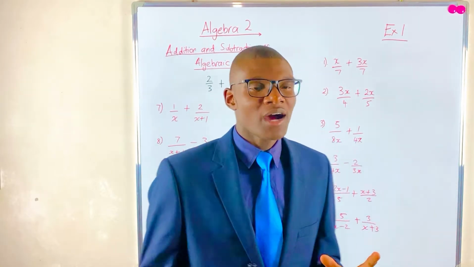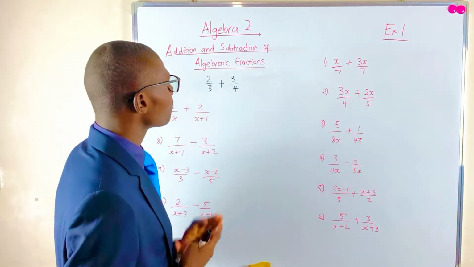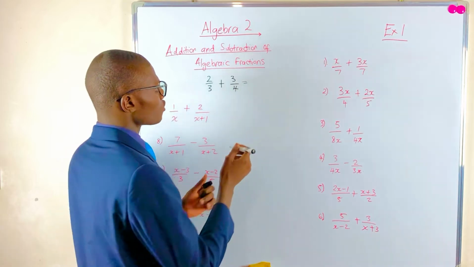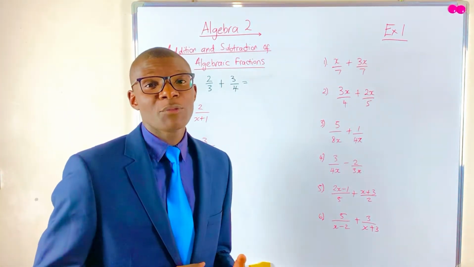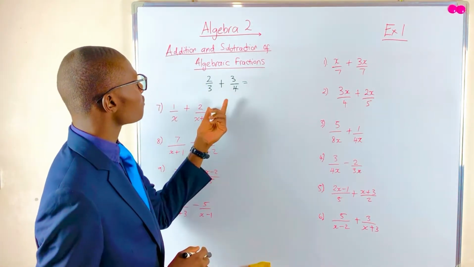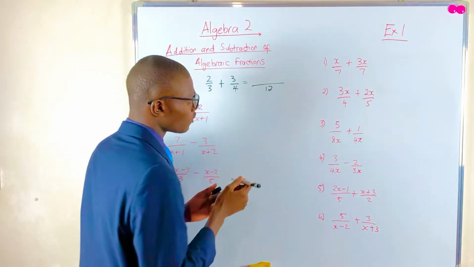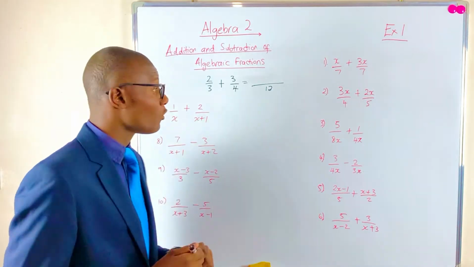So to start off, I'm going to simply demonstrate how we would add 2 over 3 plus 3 over 4. To add this, first of all, we need to find our common denominator, which would be the lowest common multiple. The lowest common multiple for 3 and 4 would be 12. So 12 being the common denominator, 3 into 12, we get a 4.